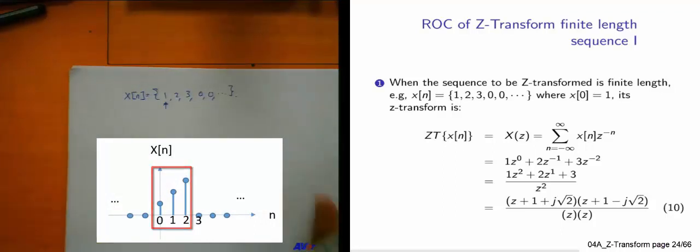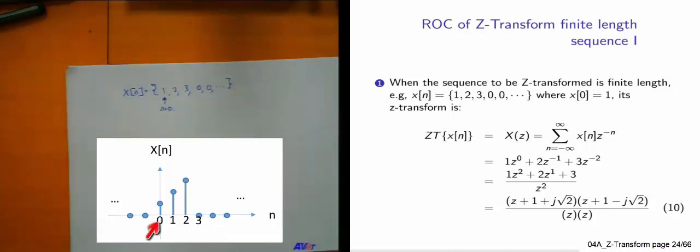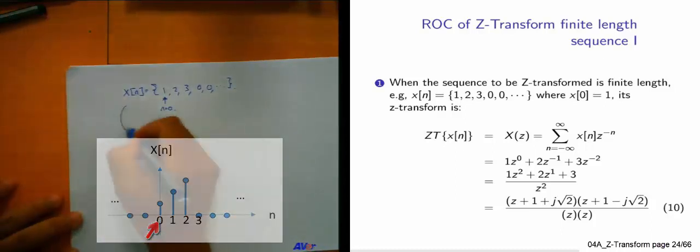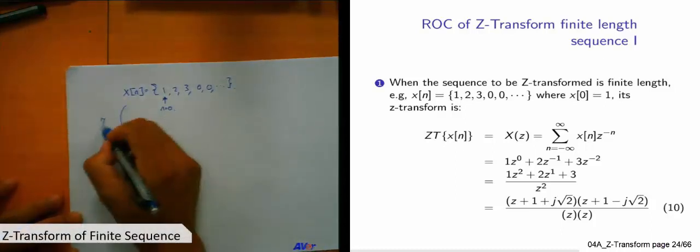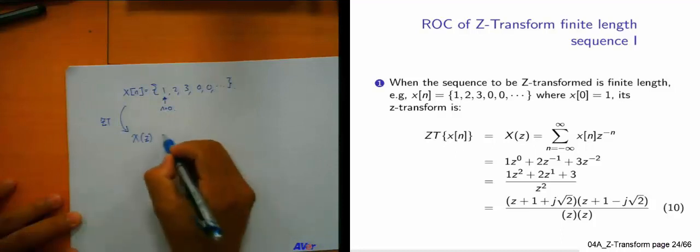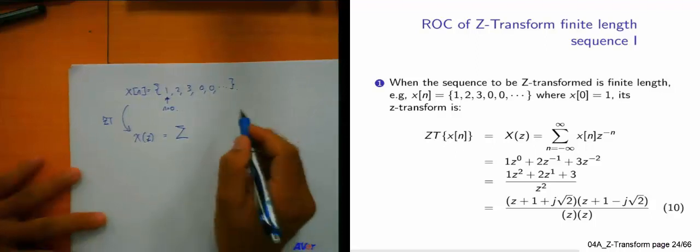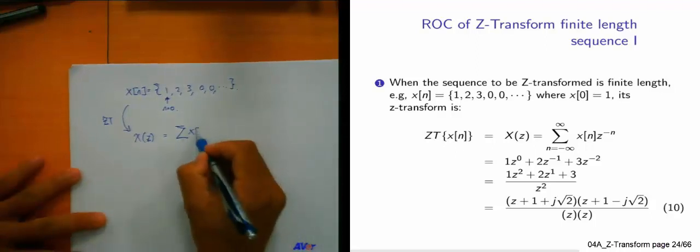Sometimes I put an arrow down, and the little arrow stands for n equals 0. I want to perform the Z transform of a finite sequence. It's the easiest. I substitute into the equation, which says X(z) from x[n] is this equation.